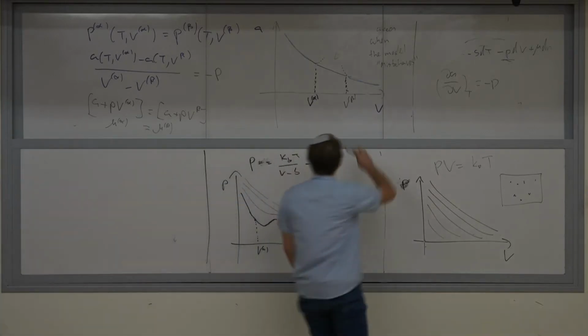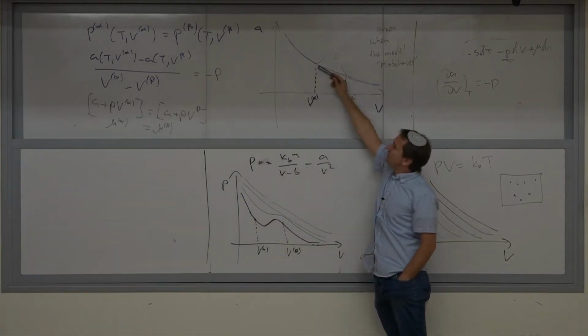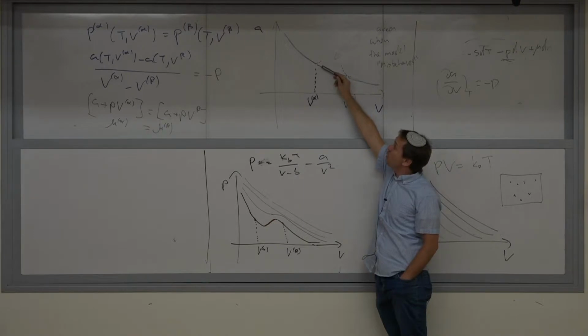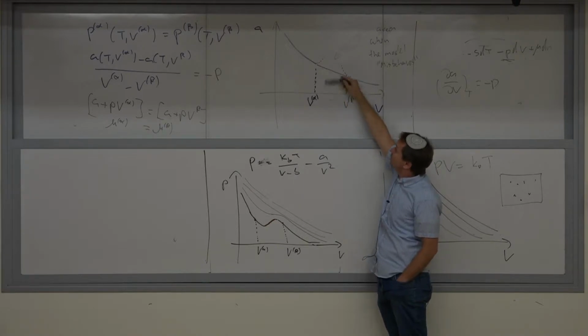Now we assumed here, with the Maxwell construction, that the slope of A with respect to V is constant over here because we've drawn a straight line.